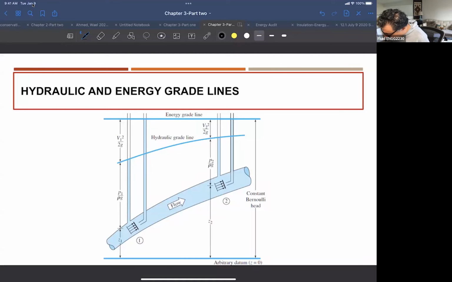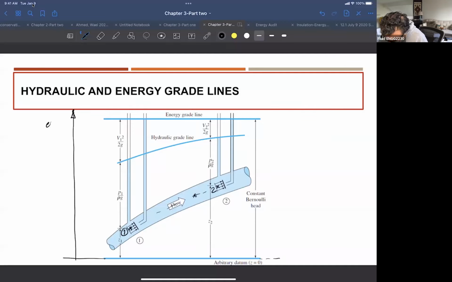If we look at this location here as what we call the reference point, or the datum, the datum here is a reference energy level that we select for all the points along the pipe. Let's say, for example, this is point 1. As we go in this direction, let's say this is point 2, right? I'm going to plot the total energy on the y-axis.